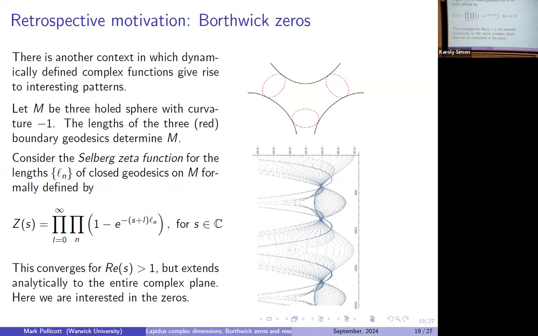So the thing that determines the geometry of the surface and thus determines the lengths of the geodesics, there's only 3 numbers involved, and it's the lengths of these red curves. Different values of these 3 numbers will give you different surfaces, different lengths of closed geodesics, and consequently, it gives you different zeros for the function.